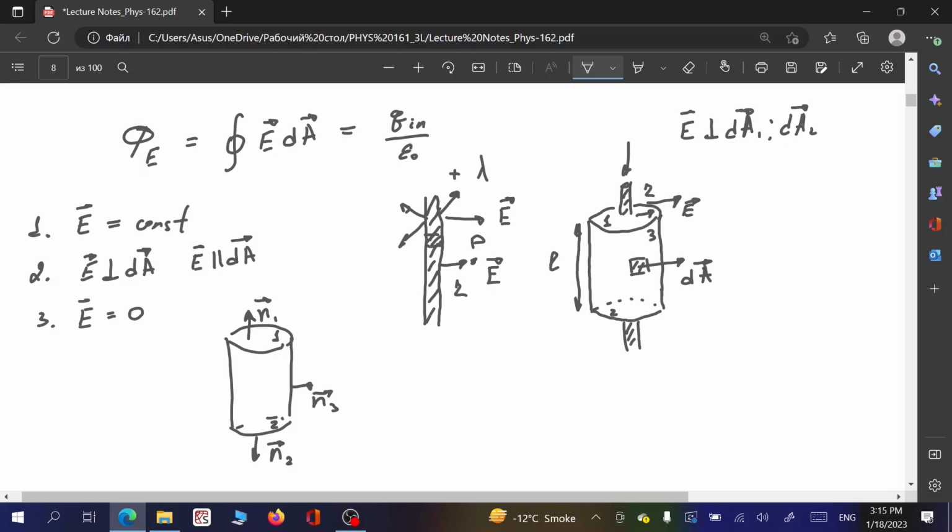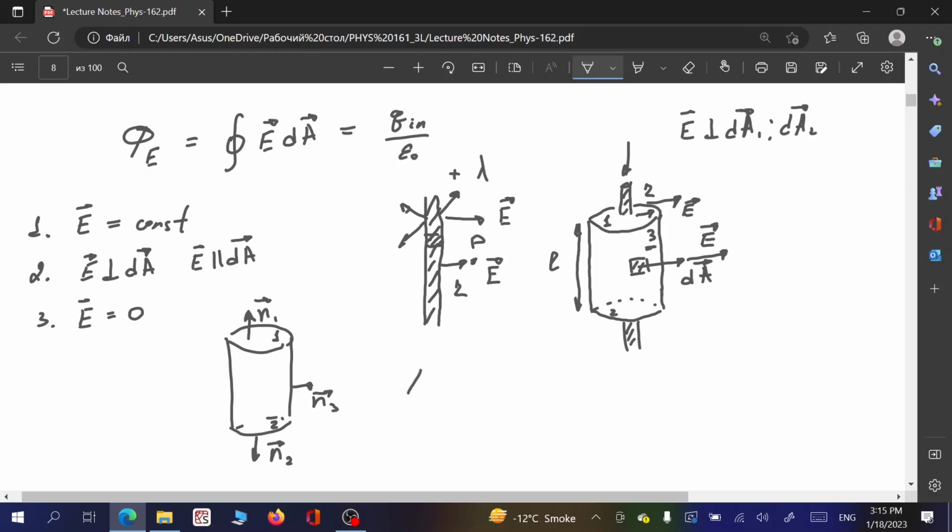And when we consider surface 3, the side surface of the cylinder, here we also have the electric field vector, which in this case is parallel to the dA vector, and that's why we can do the calculations, because there is electric field flux.